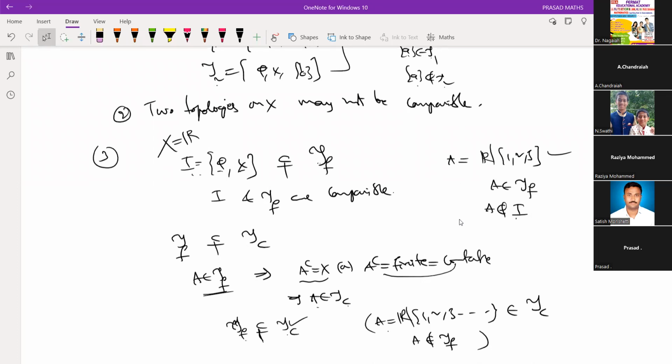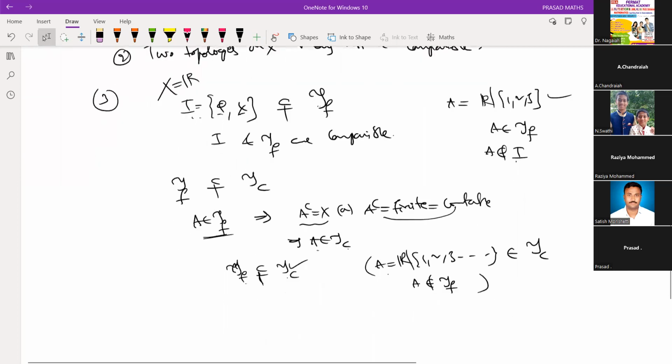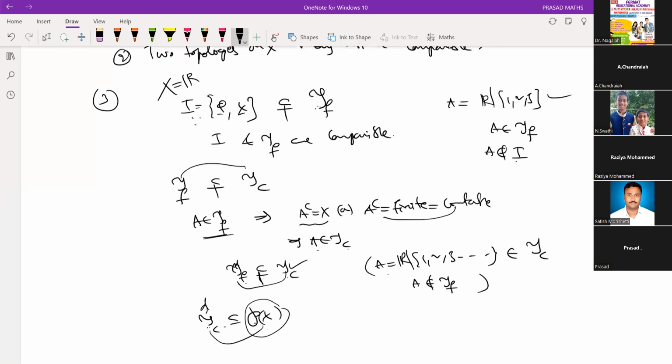Therefore, tau F is strictly weaker than tau C. Right? And tau C is always contained in the discrete topology, because that is the collection of all subsets. This is after all a collection of subsets whose complements are full X or countable. So this is always a subset of the power set. Therefore, these are all comparable.